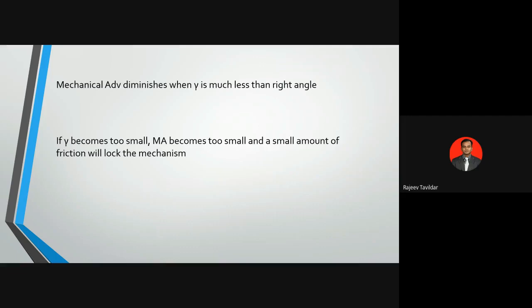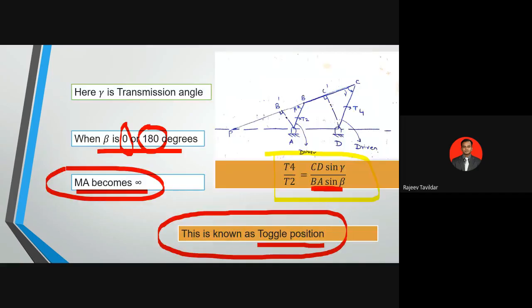Similarly, let us talk about gamma now. So I've written mechanical advantage diminishes, or diminishes means reduces, when gamma is much less than right angle. Okay. So again, in the previous equation, let us focus on the numerator now.